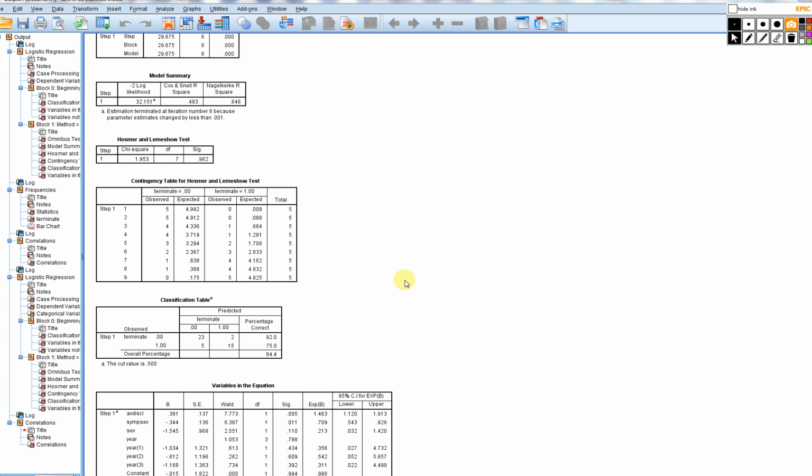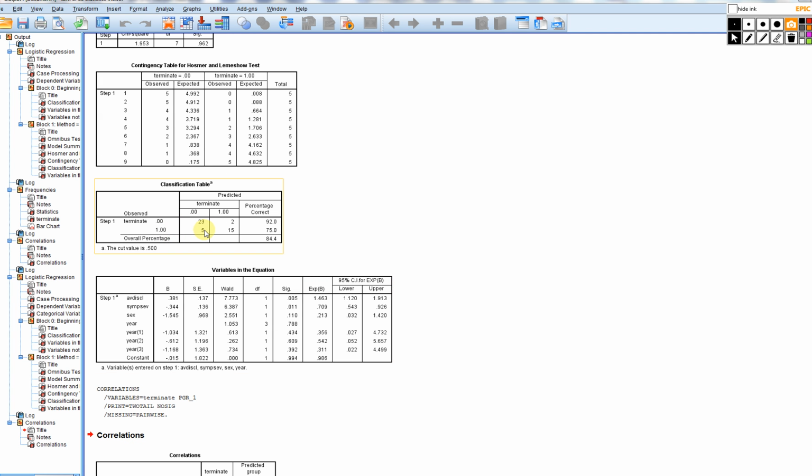All those are indicating that we have good fit. In terms of our classification table, we didn't really improve in terms of our accuracy as a result of adding in the year variables. We have exactly the same accuracy and classification that we had previously discussed when year was not included.